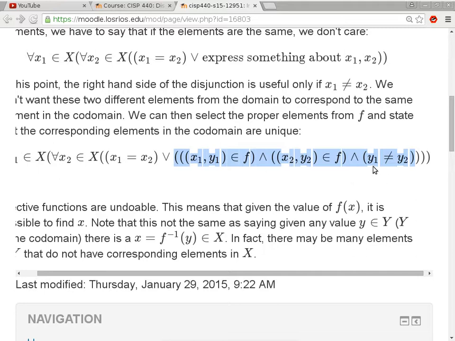And in this case, I have to make sure that y1 does not equal y2, which means x1 and x2, as different elements from the domain, have to map to different elements in the codomain. They cannot be the same. Do we have any questions about how I express injective functions?